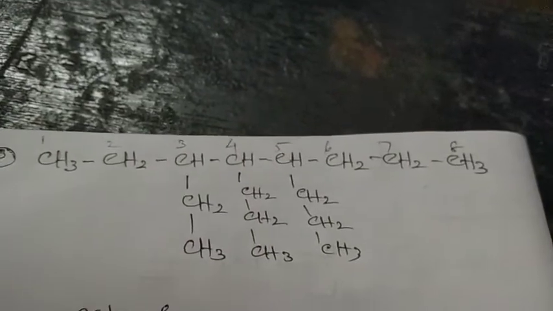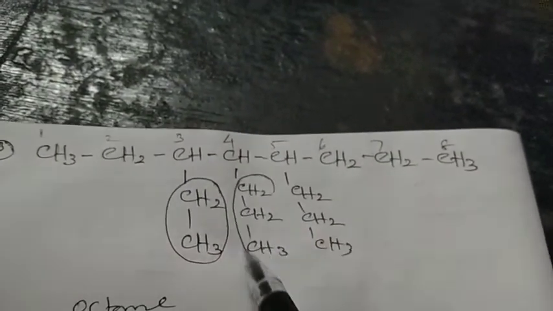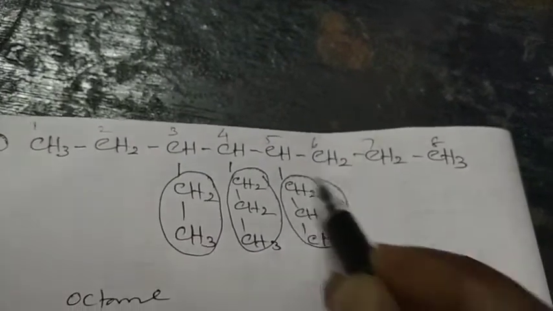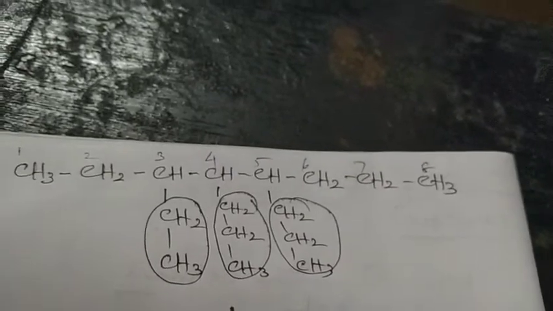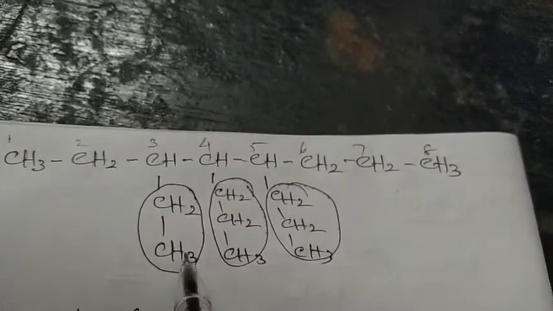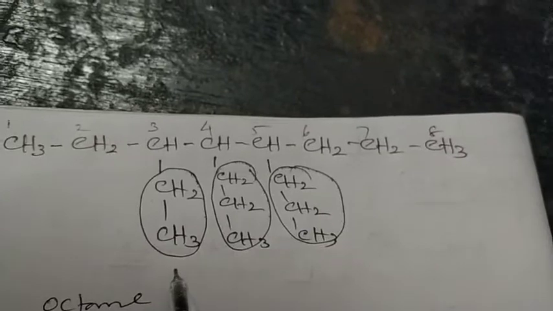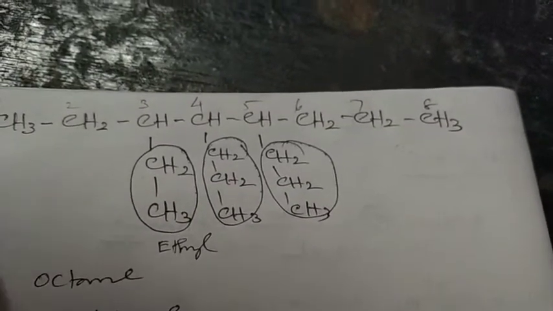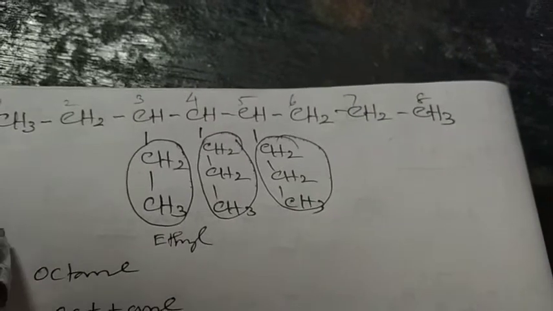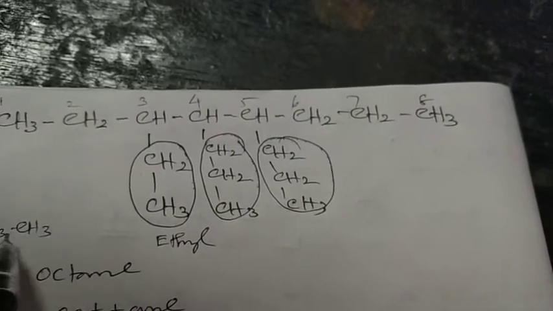And see, actually there are three substituents given here. This is one substituent and another substituent and another substituent. Three substituents are attached with this longest chain of the carbon compound. CH2, CH3: what is the name of this substituent? This is going to be ethyl. Actually, this is obtained from ethane, CH3, CH3.